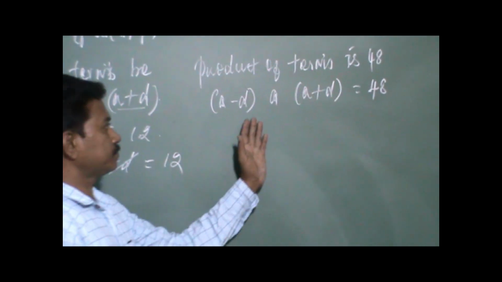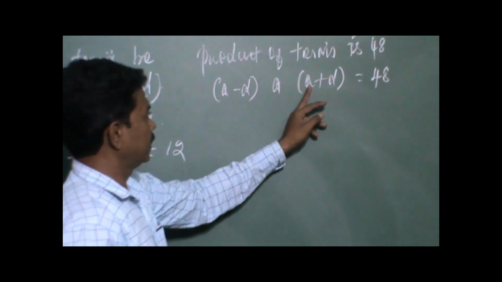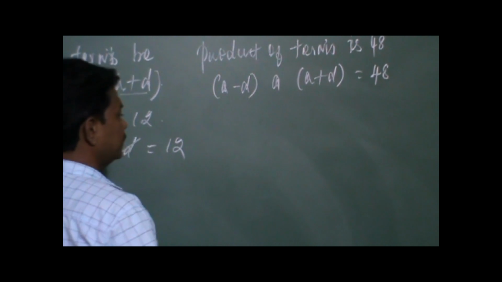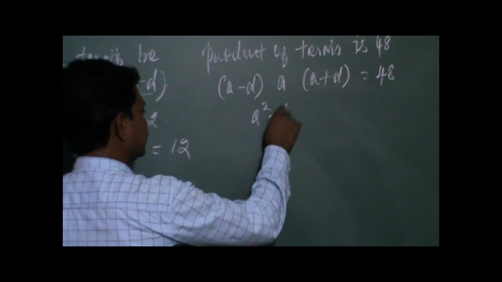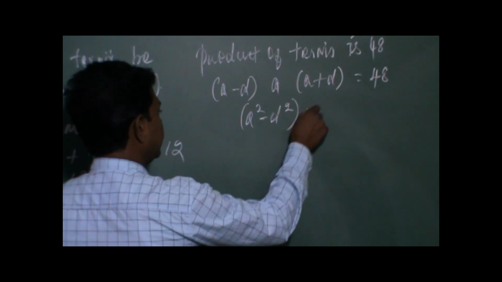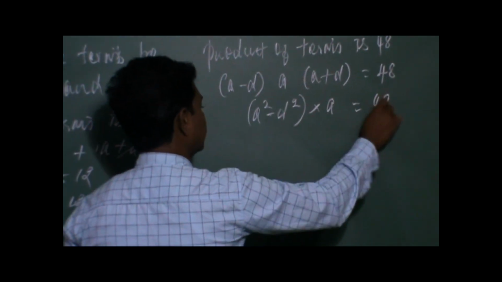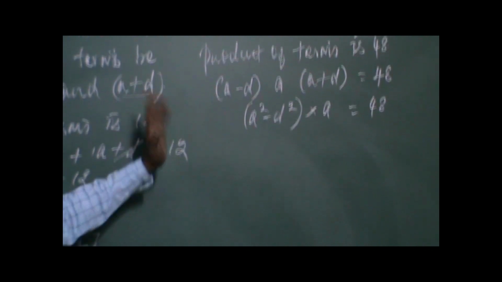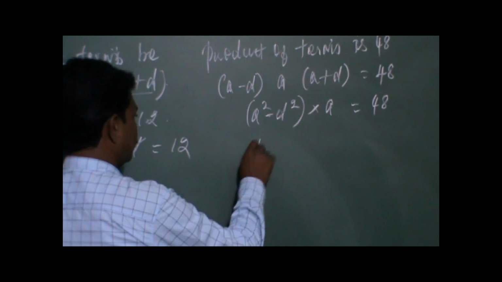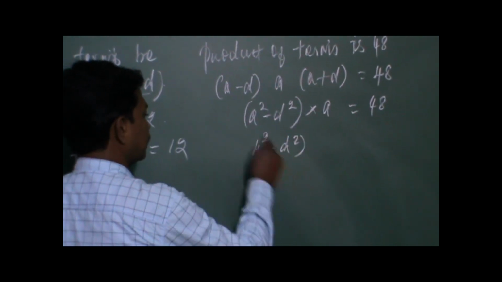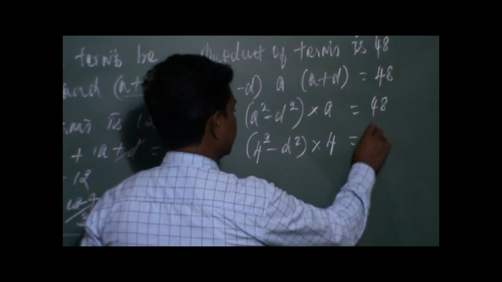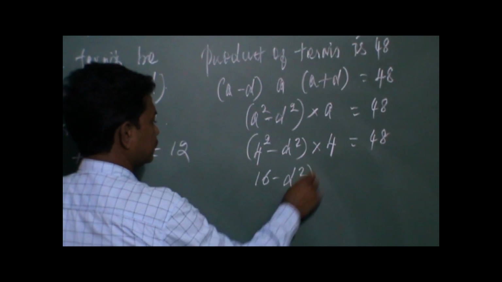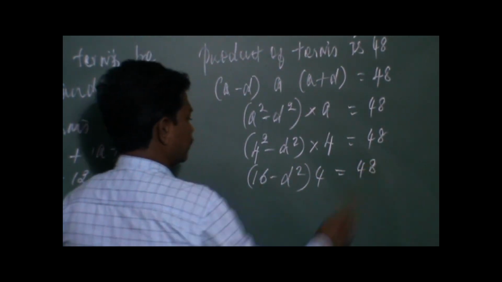So here the reverse process is present: a plus d into a minus d can be written as a square minus d square, into a, which remains, is equal to 48. Now is the time to substitute the value of a in the expression. So this becomes 4 square minus d square into 4 is equal to 48. 4 square is 16.